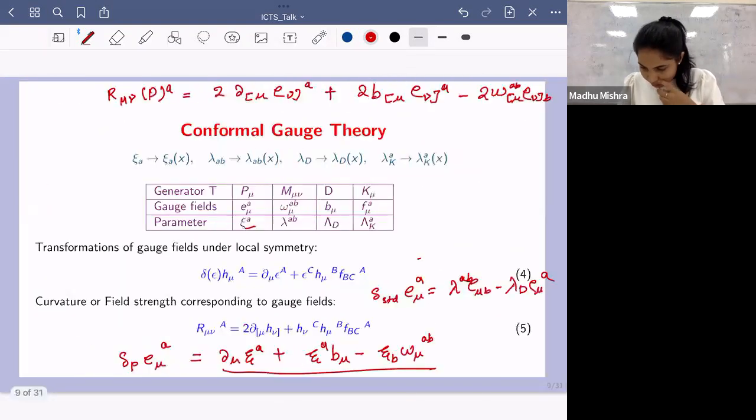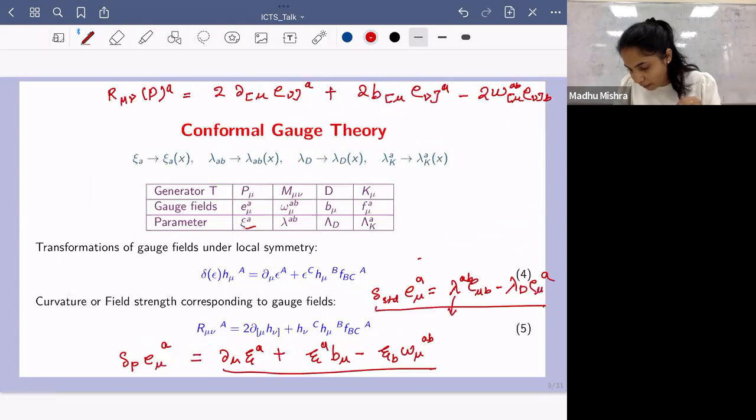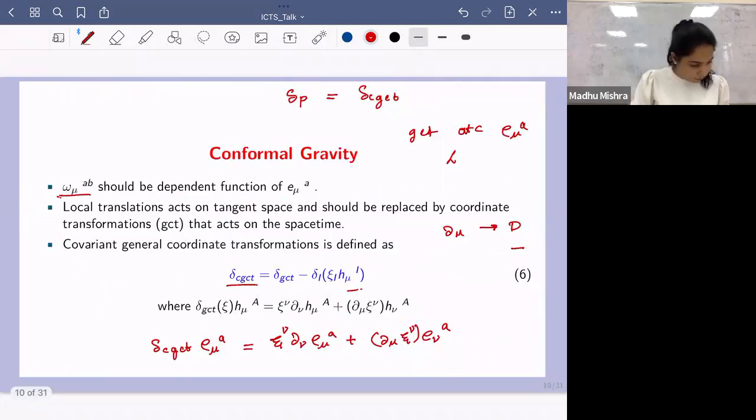We saw that this is the standard gauge transformation of E mu A, and what we want to do is replace this parameter with this quantity, the scalar product of xi, which is the parameter of local translation, and the gauge field corresponding to this parameter, which is this AB. Similarly, here we will replace with xi c and b mu, which is the gauge field corresponding to this parameter. So finally, we will have this quantity.